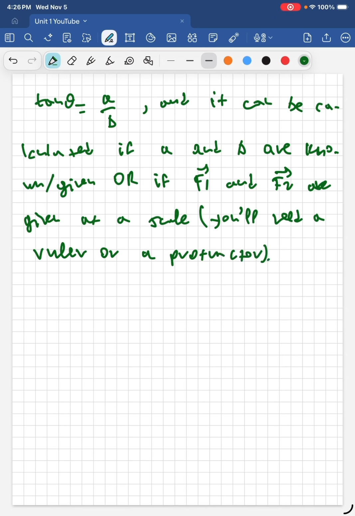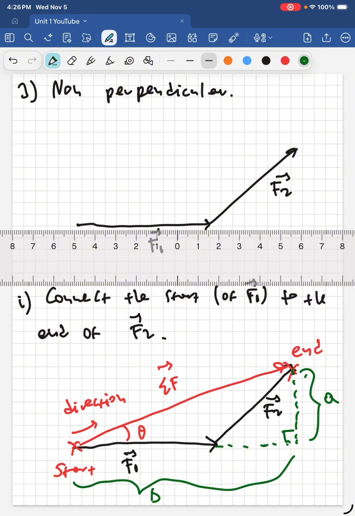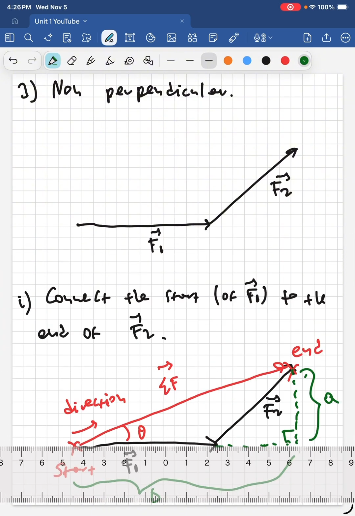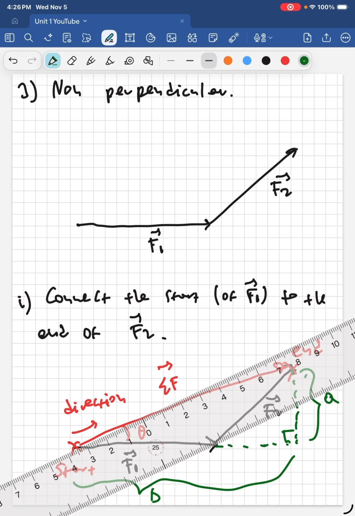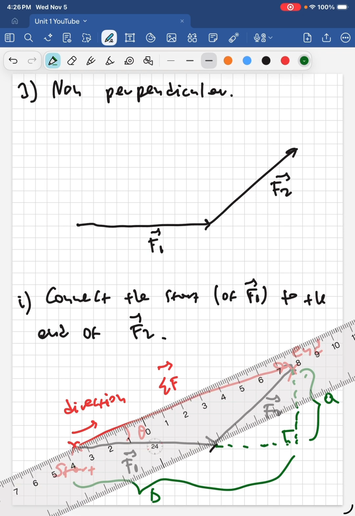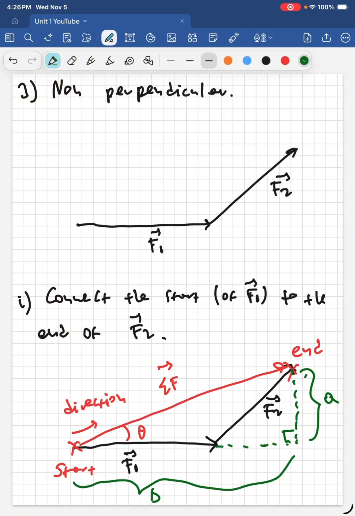Because if they tell you it's at the scale, there is a ruler here, we used it before. So maybe you have a ruler and then you measure this angle. Okay, it's 24 degrees, say, I don't know, less than that actually, 218 degrees, something like that. Okay, right.